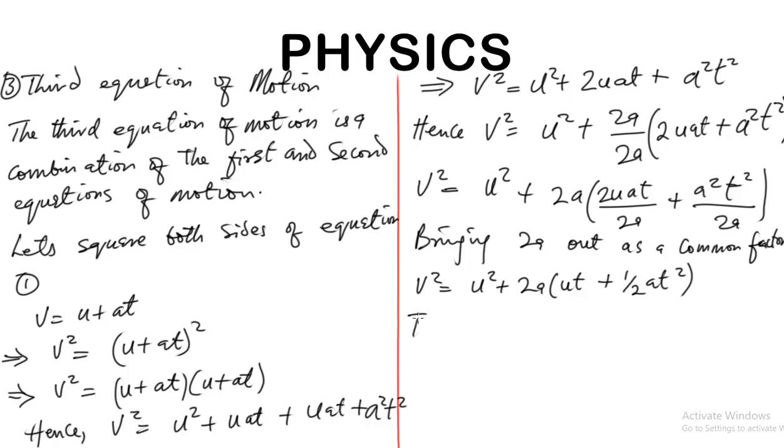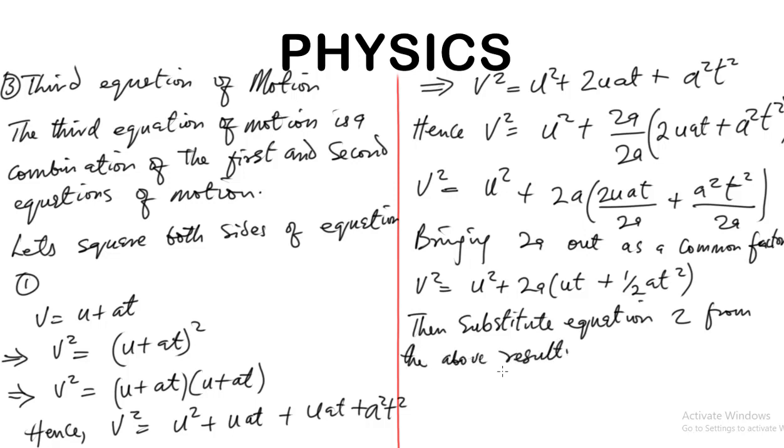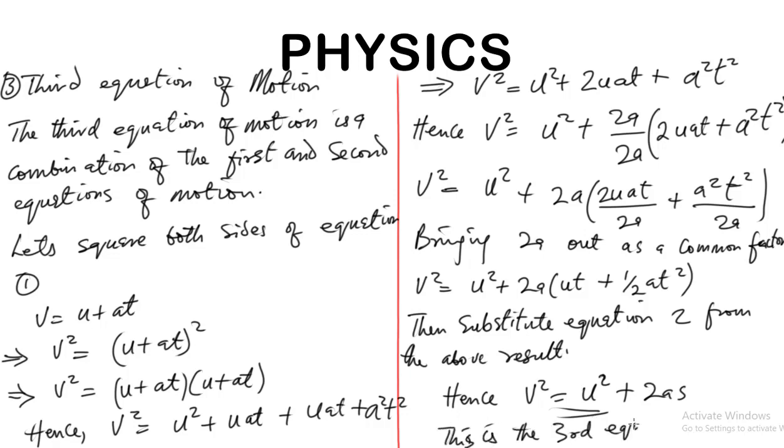We try to substitute equation 2 into the above expression. Hence, v squared will be equal to u squared plus 2as. This is the third equation of motion.